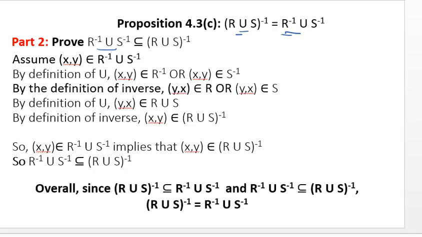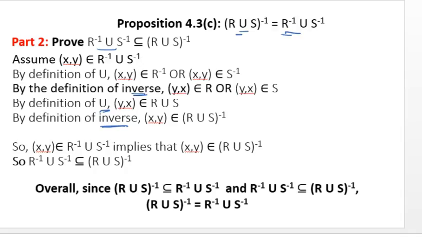But then by the definition of inverse, if xy is in R inverse, then we know that yx is in R. So if xy is in S inverse, then yx is in S. So we have that yx is in R, or yx is an element of S. So that says, by the definition of union, that yx is an element of R union S.